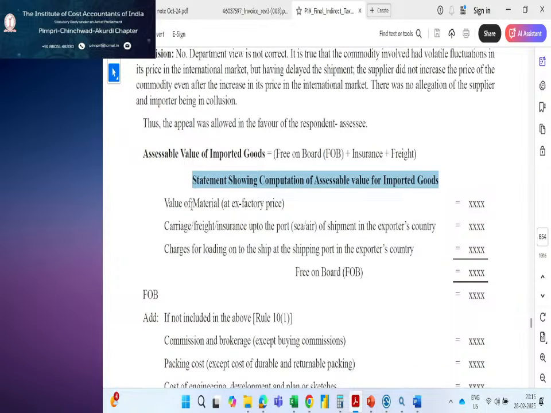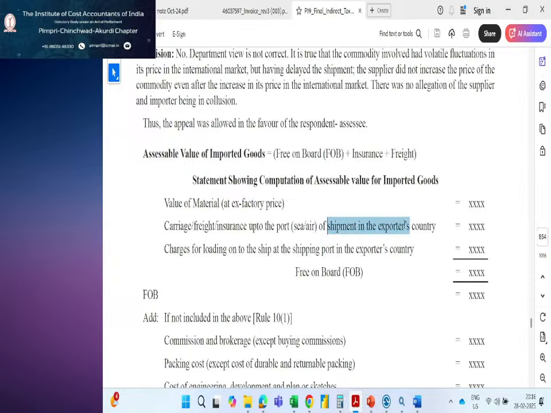So what is the value of material? We have seen what the ex-factory price is. So ex-factory price means what? The cost of production of this particular product plus my profit, that we call the ex-factory price. So on the ex-factory price we need to add carriage, insurance, freight in the exporter's country and the charges for loading in the exporter's country.